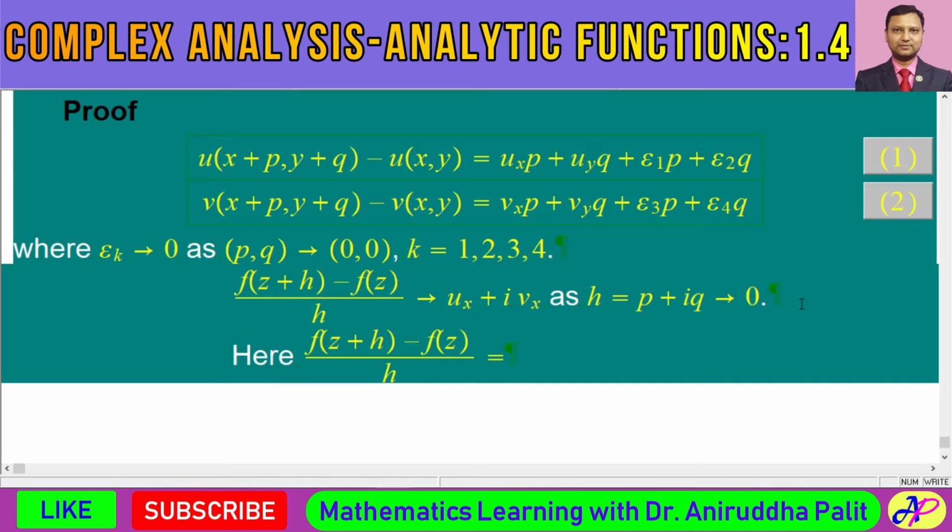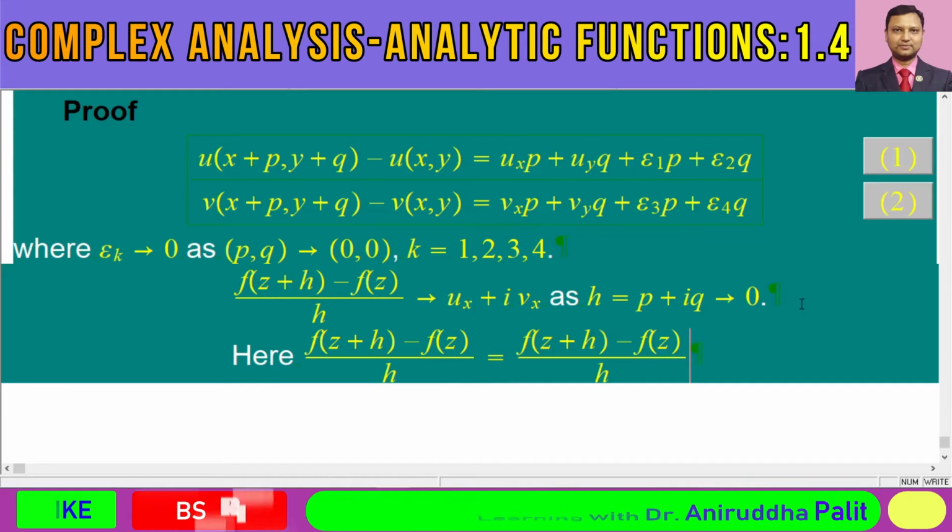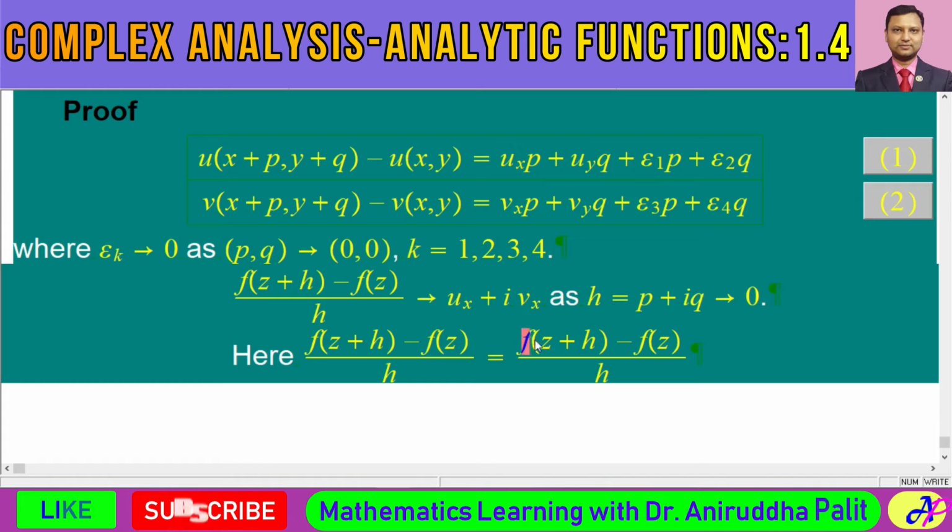And what is this? We can write this expression as f of z plus h.